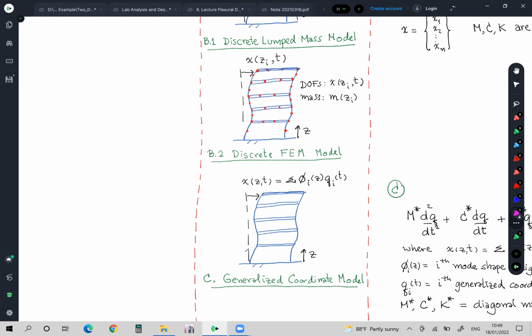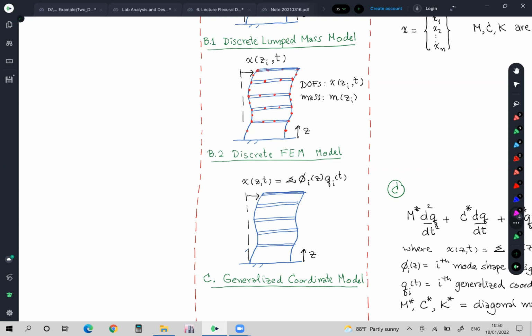With the generalized coordinate model, I have a big assumption. Even though I define my X as a function of Z and time T, exactly the same way as the continuous model, which is very general, right? But I impose the assumption that my X, which is a function of Z and time T, can be represented by the separation of variables.